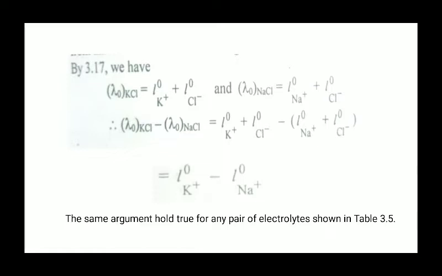Now subtracting NaCl from KCl, it becomes λ0 K+ plus λ0 Cl minus, minus λ0 Na+ minus λ0 Cl minus. So here Cl minus gets cancelled.